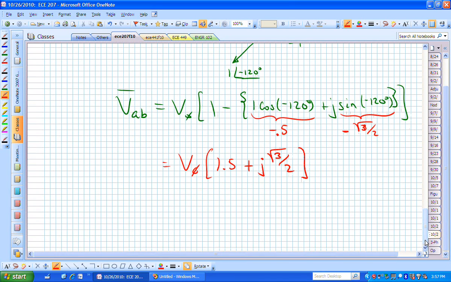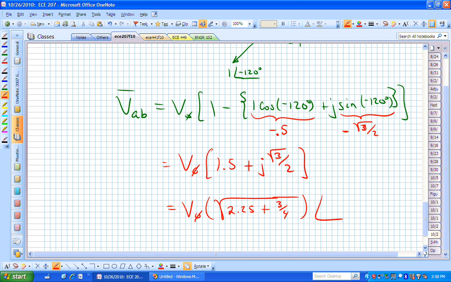If I now converted that to polar form, you would have a magnitude of this, 1.5 squared. It's 2.25, isn't it? 2.25 is 1.5 squared. Square root of 3 over 2 squared is 3/4.